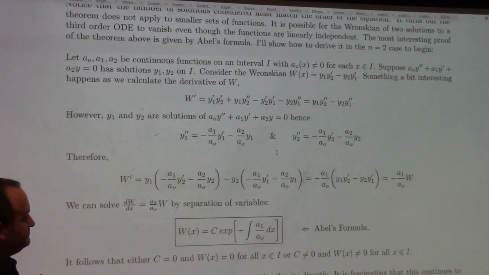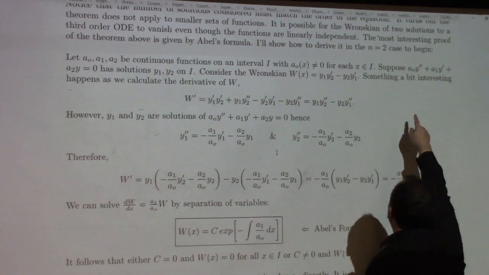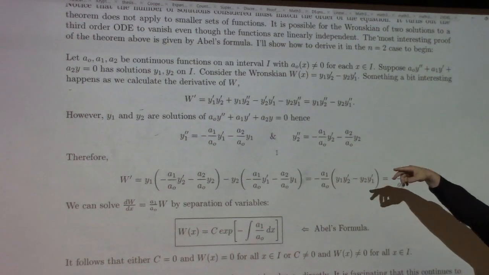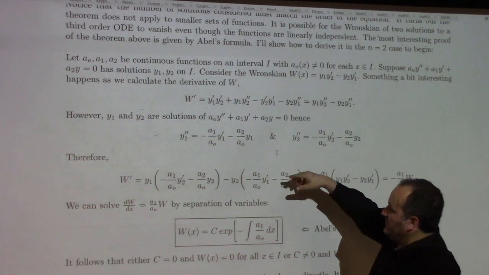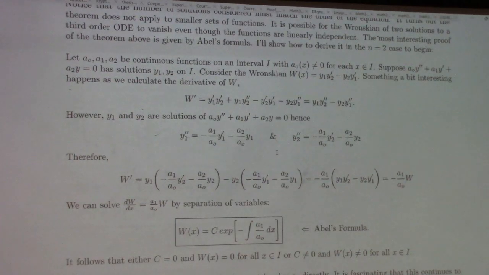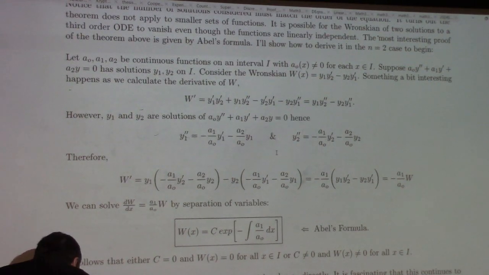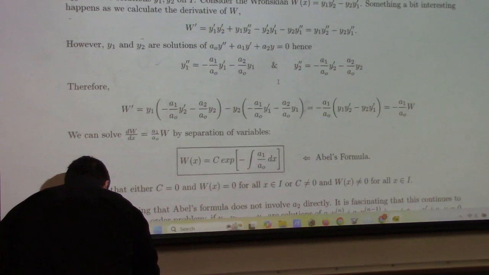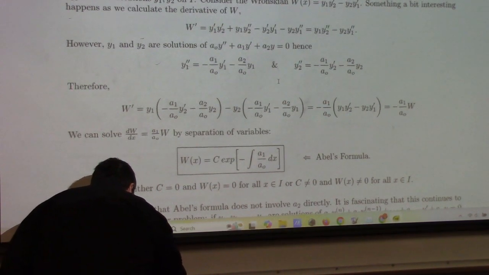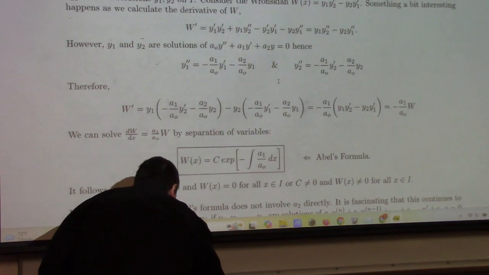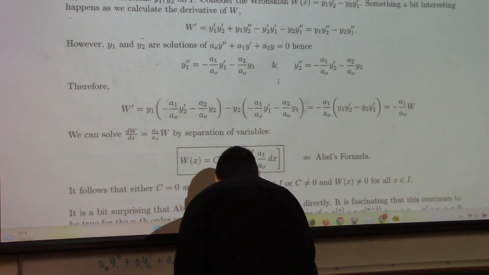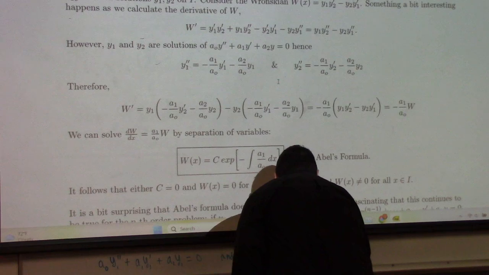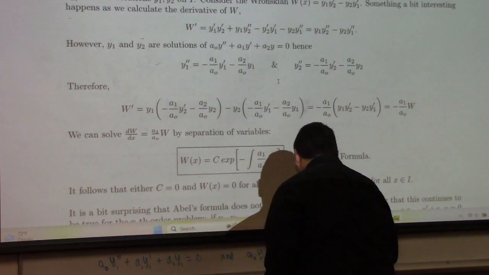So the second order problem, which I have written up here: a0 y prime prime plus a1 y prime plus a2 y equals 0. Suppose that has solutions y1 and y2. So that means a sub 0 y1 prime prime plus a sub 1 y1 prime plus a sub 2 y1 equals 0, and a sub 0 y2 prime prime plus a sub 1 y2 prime plus a sub 2 y2 is equal to 0.